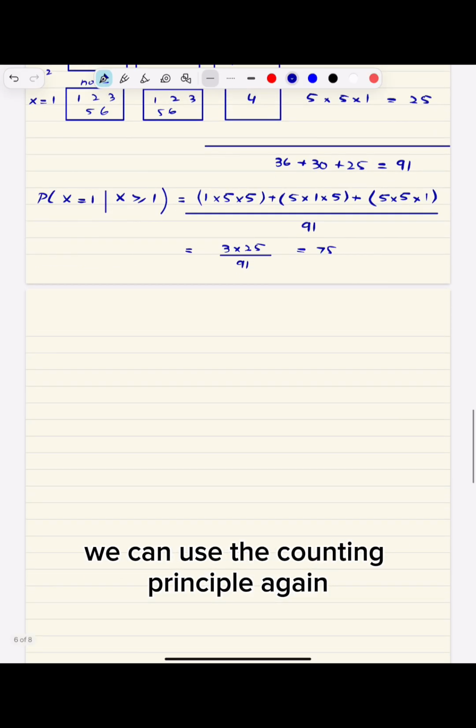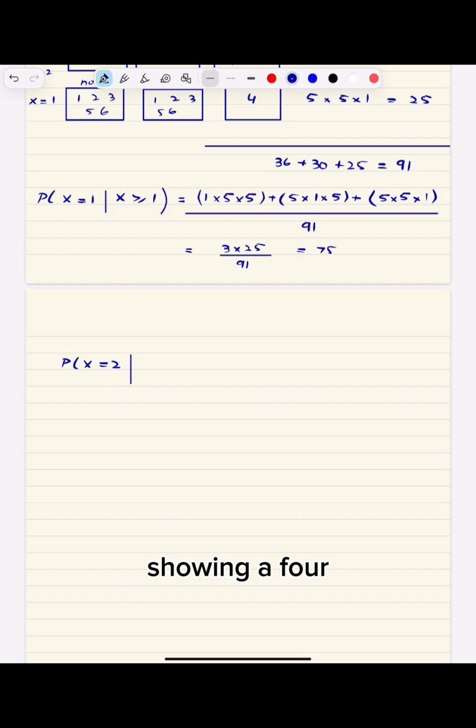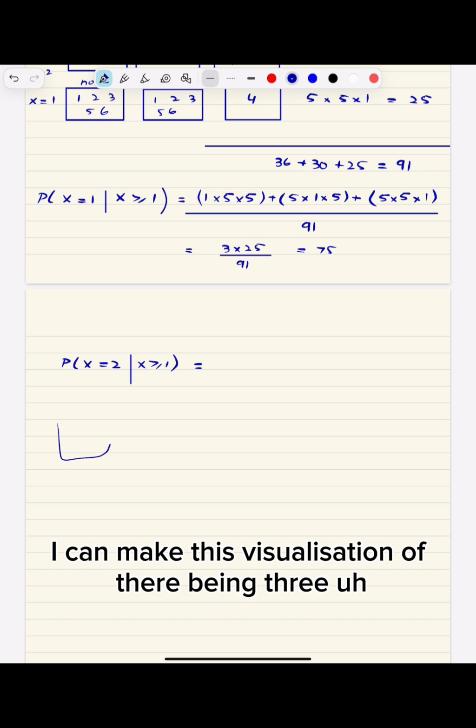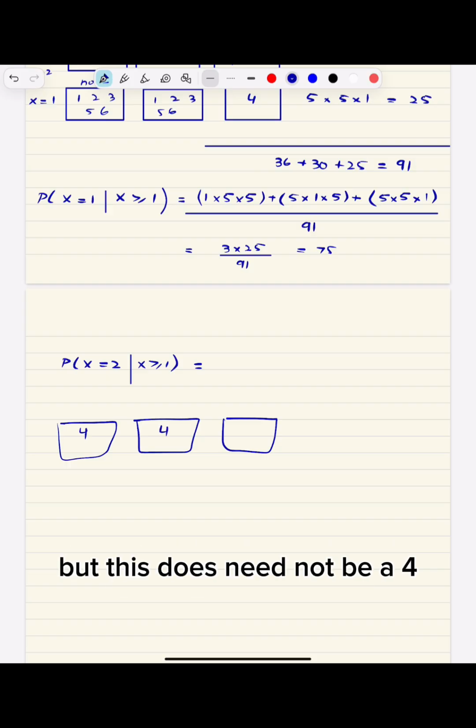We can use the counting principle again when it asks for at least 2 dice showing a 4, provided that there is at least 1. Again, I can make this visualization of there being 3 dice, and this has to be a 4 and this has to be a 4, but this need not be a 4.